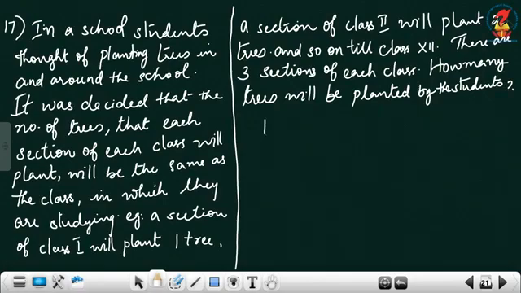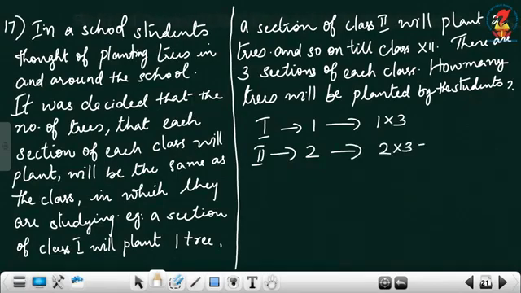So the first class, standard 1, is planting 1 tree, but 3 sections are there, so it is 1 into 3. Standard 2, 2 plants, but 3 sections, 2 into 3, 6. Here it is 3. And so on. Class 12 will plant 12 trees and 3 sections.